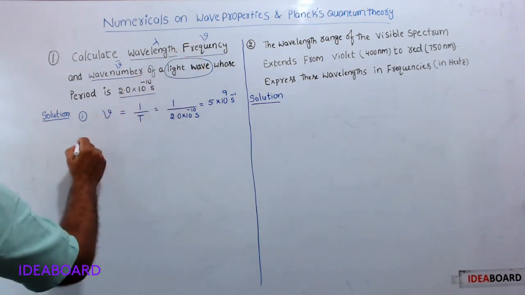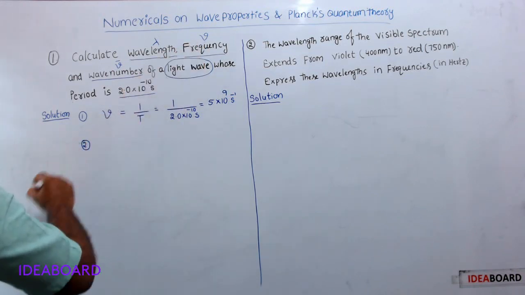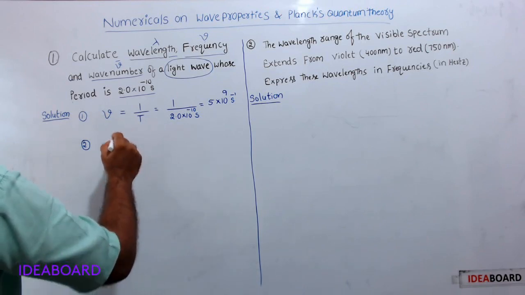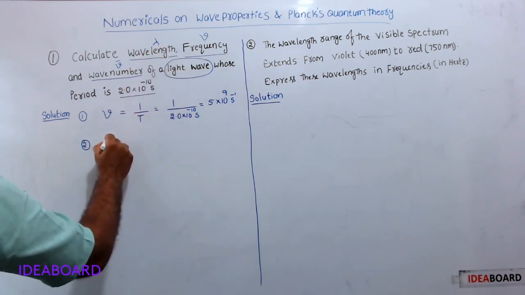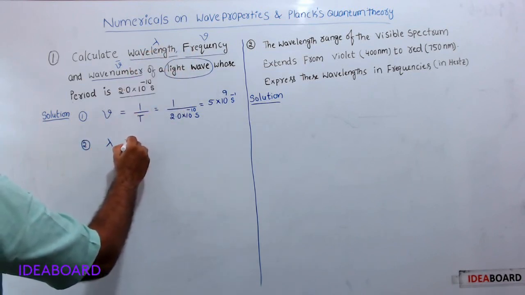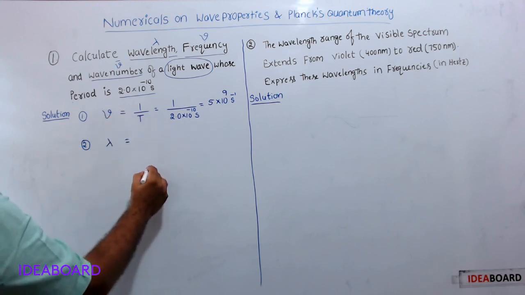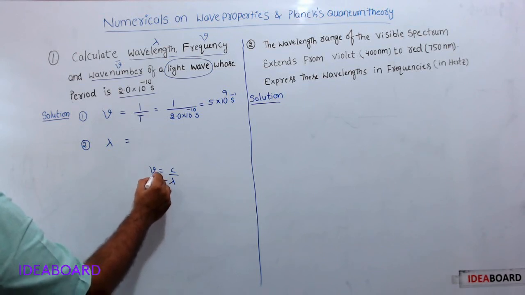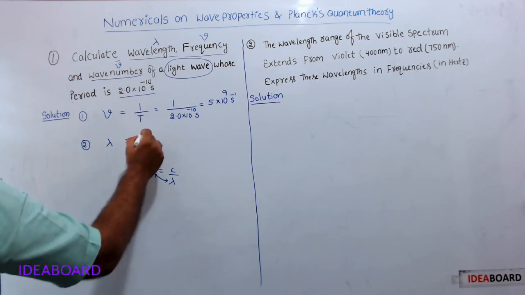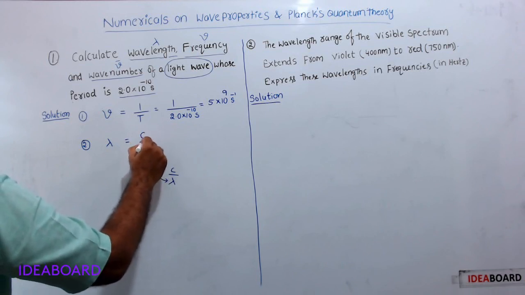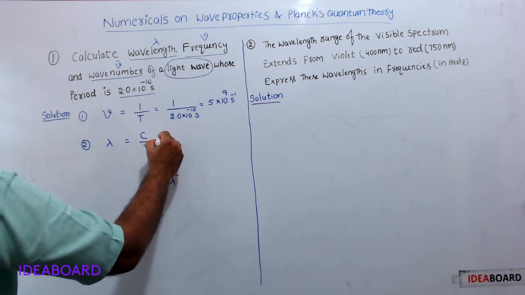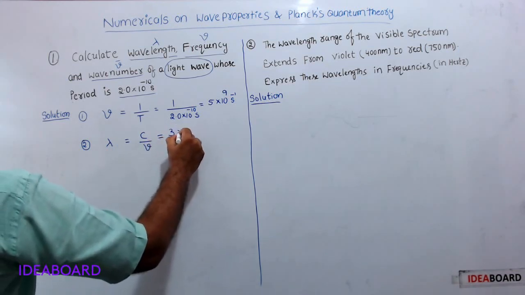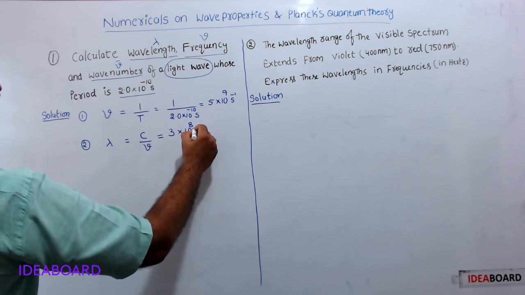Now, the next one, the wavelength lambda. What is the relation between wavelength and frequency? Nu is equal to c by lambda, we know. Here you need to find lambda, so interchange these two, and lambda is equal to c by nu. C means light velocity, which we know is 3 into 10 power 8 meter per second.